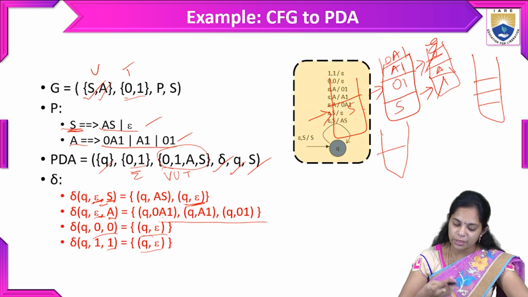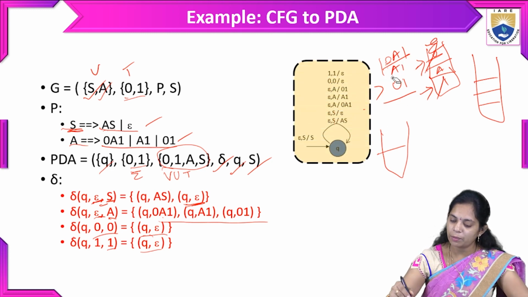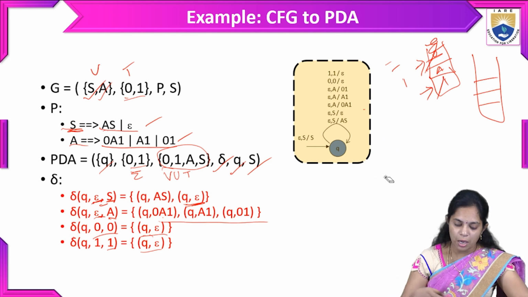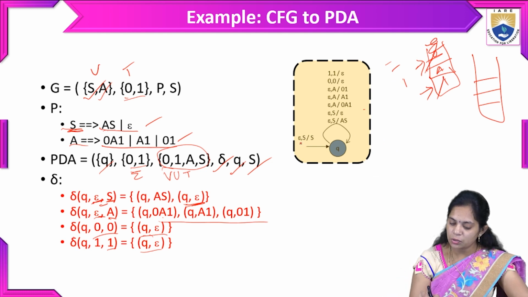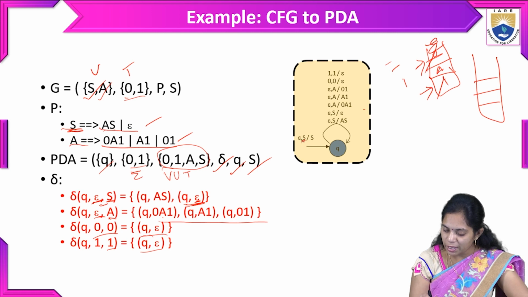And we can convert these production rules into a diagrammatic representation. You'll see, S goes to S. Whenever we are giving epsilon as a symbol, it is in the same state S, the top of the stack symbol is S, and we are pushing S. So whenever epsilon is there, we have to push on the top of the stack symbol, and nothing else will happen.